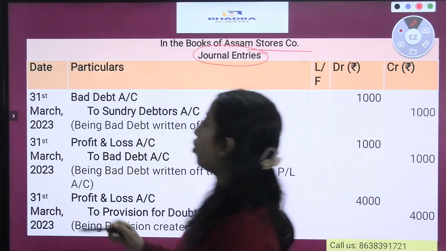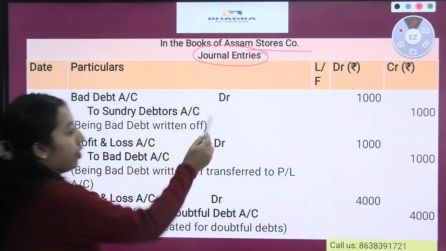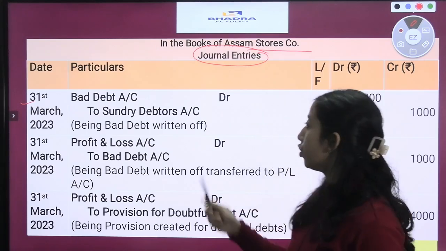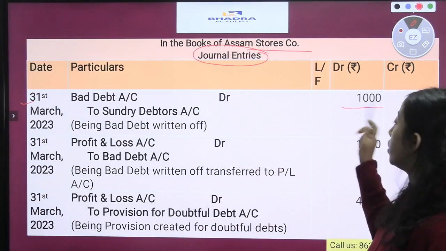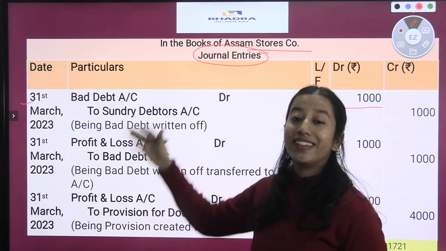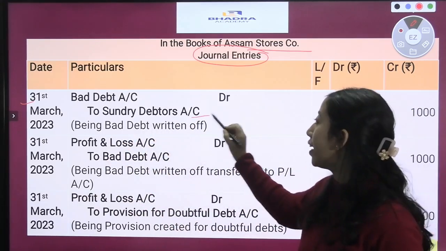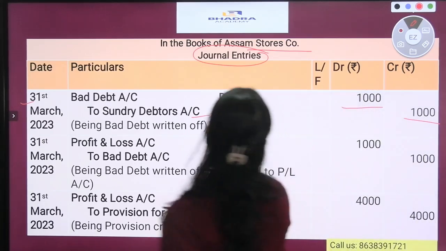So what do we do on 31st March? Bad debt account debit. Why? Because bad debt is an expenditure or loss for the business and it has been increased. So we debit this account by 1000 to sundry debtors. Debtors are assets and they are getting decreased, so this account will be credited by rupees 1000. This part we call narration.